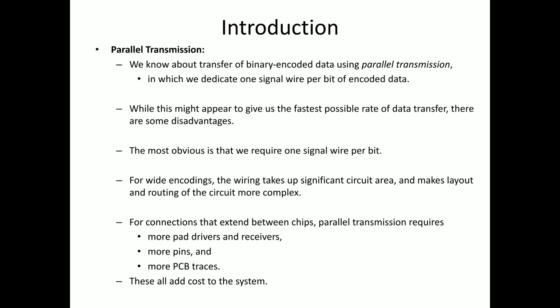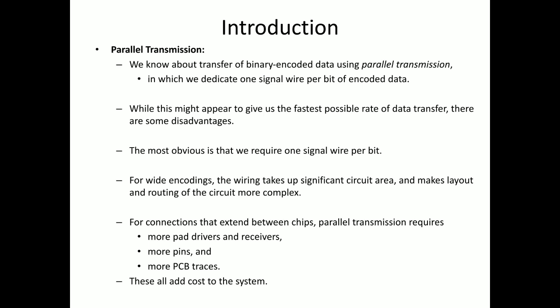We saw that the data transfer in parallel buses was faster, but we also saw some issues with parallel buses. We shall see some disadvantages of parallel buses before starting serial transmission.